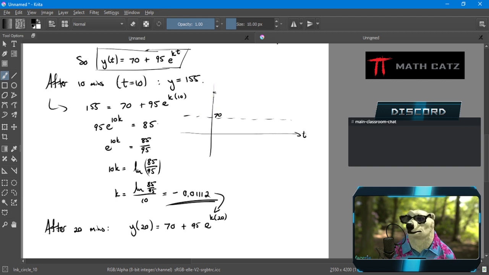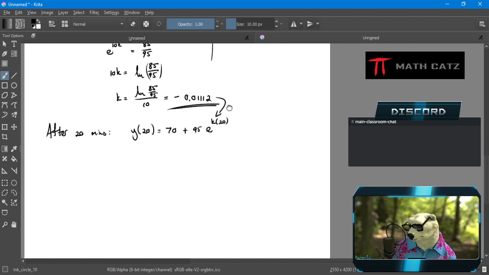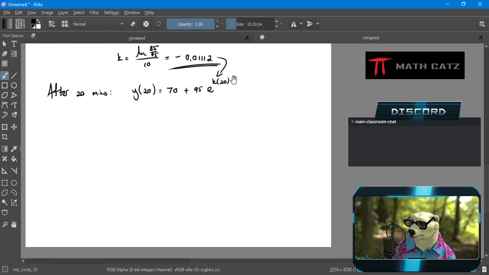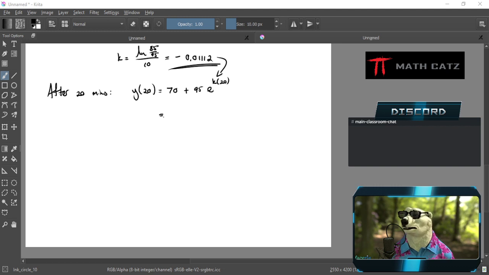It starts at 165 up here, and I'm going to exponentially go down towards this as my horizontal asymptote because k, the exponent, is negative. So it is modeling the appropriate situation. So now I want to calculate that, and when I have a future calculation, I don't want to use the rounded number. Use as many digits as you can, or use the original log over 10 version. Let's see what it is exactly.